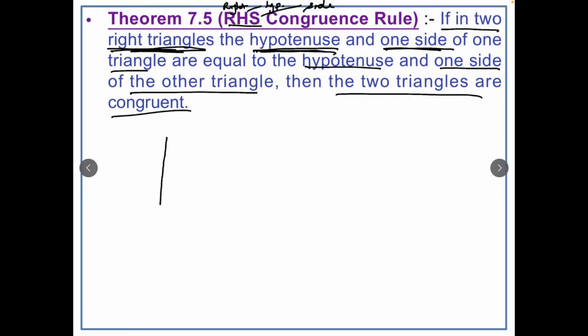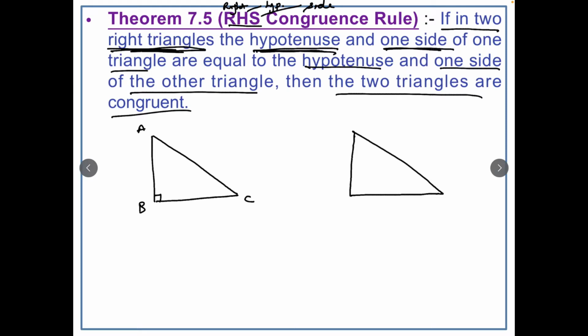Let's draw a right triangle ABC first, with right angle at B. Then draw another right triangle and name it DEF, with right angle at E. So now we have these two right triangles.